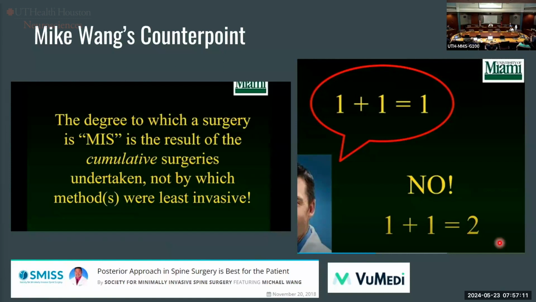Why are you going to do a lateral incision and a posterior incision and then walk the patient around, see if they still have leg pain, then go back in, do a micro disc at the level where they still have pain, when you can just go in and do a posterior surgery and get it done and accomplish all of your goals and be sure of it through one incision. So something to consider when you're talking about MIS, what is truly MIS.